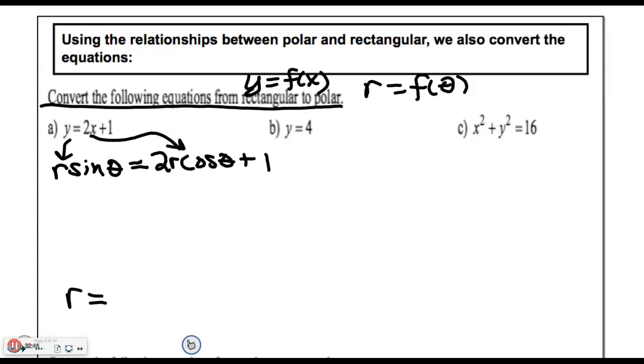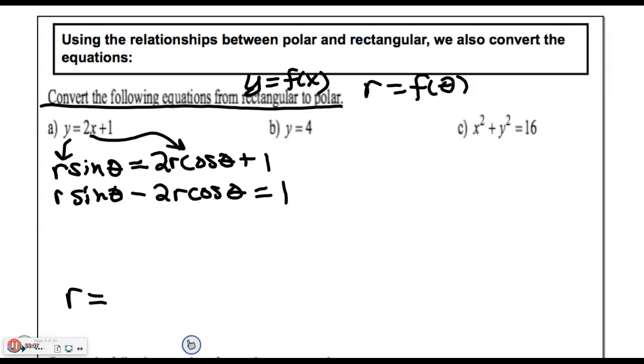Now, my goal is to solve for r, and it looks weird, but you do what you have always done in algebra. If these were x's and these were x's, you need all your x's on one side. It's just awkward because we're r's and r's. But I need to get my r's on one side. So I'm going to have r sine theta minus 2r cosine theta equals 1.